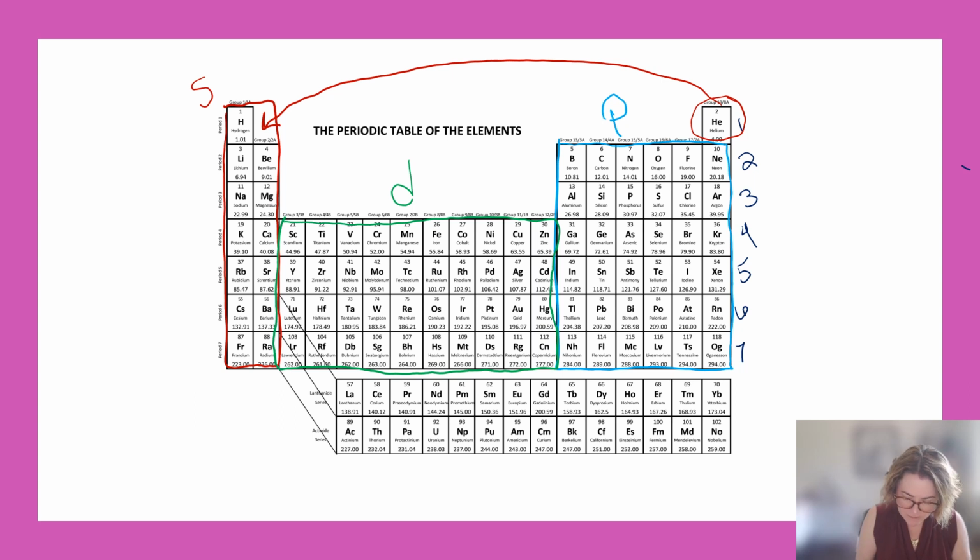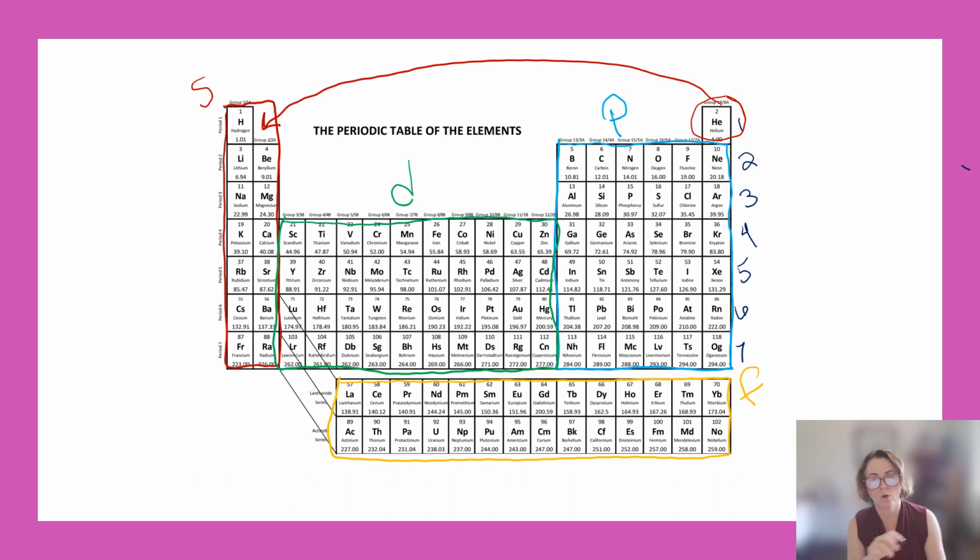Now the last pieces, and we don't really deal with these very often, if at all in this course, are these guys down here. These are referred to as the inner transition elements. These are your F block, and if I count up the number of spaces going across, there are 14 electrons.